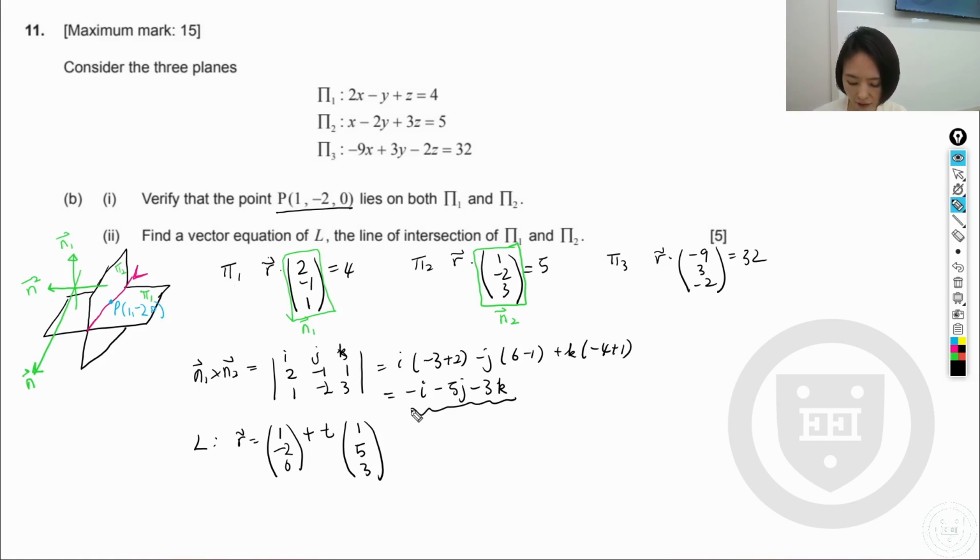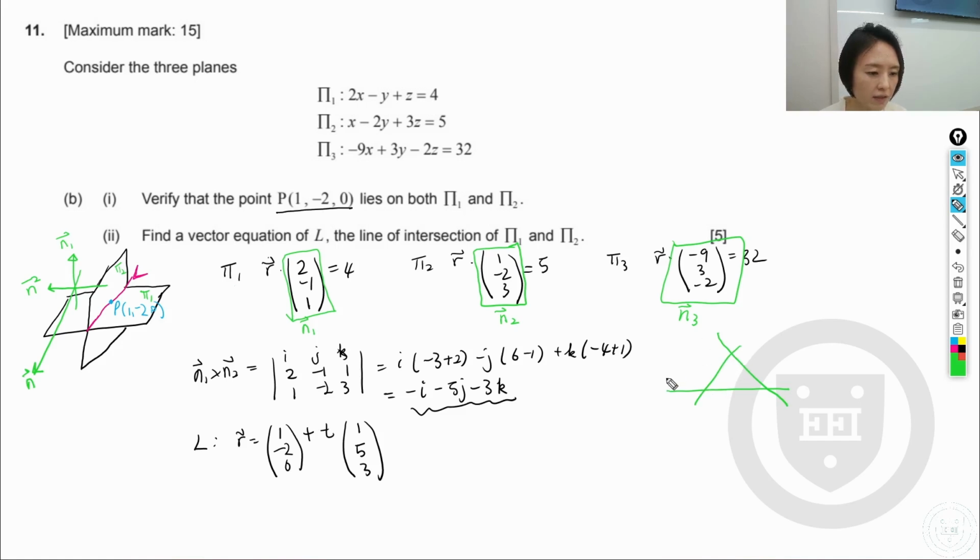And part C: find the distance between L and pi3. Before we move on, if you look at these normal vectors, all three are different. That means pi1 and pi2 intersect like that, and then pi3 will intersect like that. So the three planes didn't meet at a single point, but they intersect in pairs.